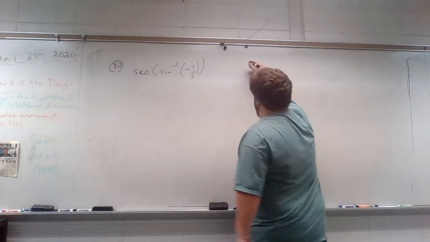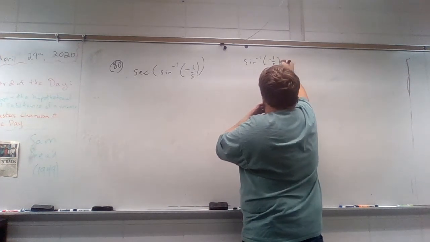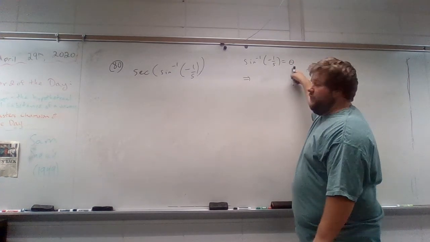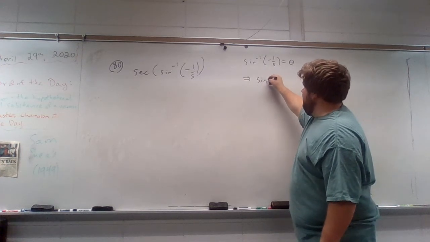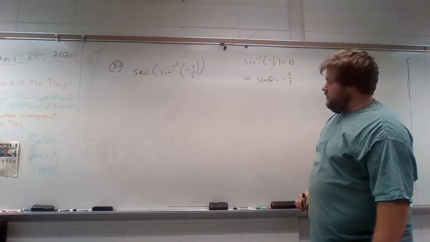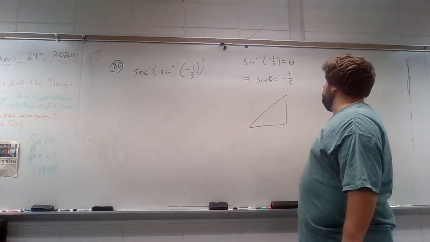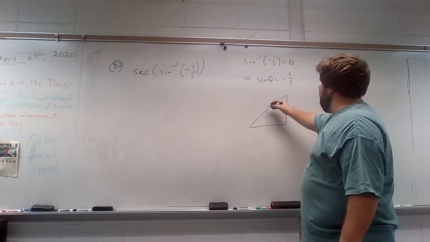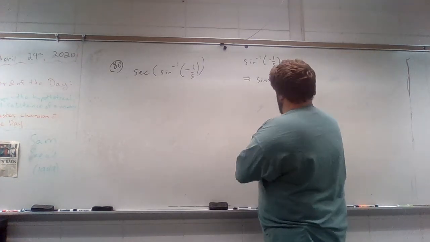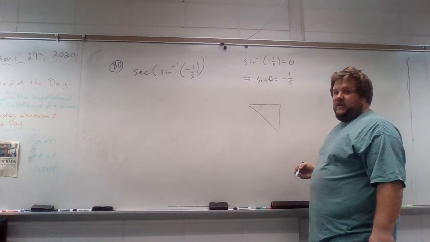Okay, so I'm going to go through the solution now. I would let the inverse trig function, that sine inverse of negative 1/5, I'm going to call that some angle theta. What does the sine inverse of negative 1/5 equals theta mean? That means the sine of theta is negative 1/5. You would draw a picture. So here, I got negative 1/5. Really, if you want to think of it this way, of my two possibilities, whether I'm in quadrant 1 or 4, my triangle is in quadrant 4.